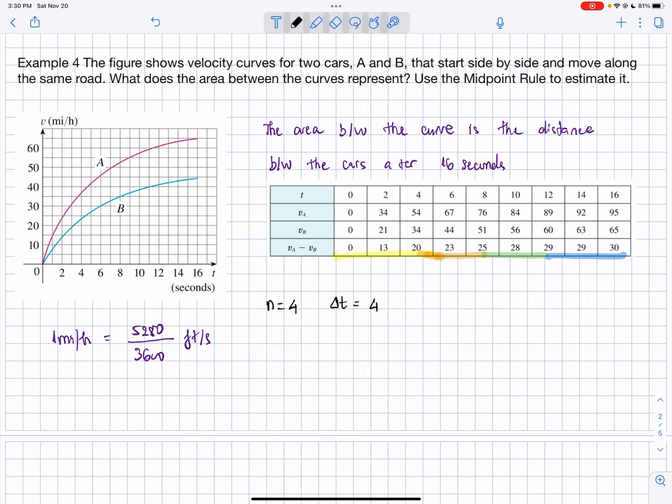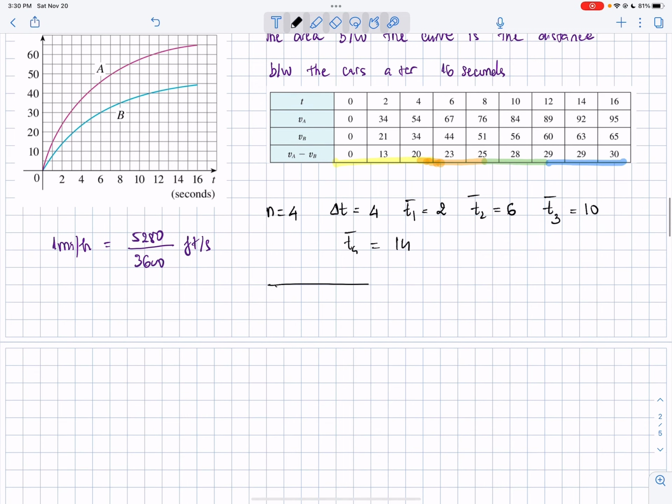From 0 to 4, the midpoint, we call T1, is 2. T2 is from 4 to 8, and the midpoint is 6. T3, the midpoint will be 10. And T4, the midpoint will be 14. So let's look at the graph. It is better.